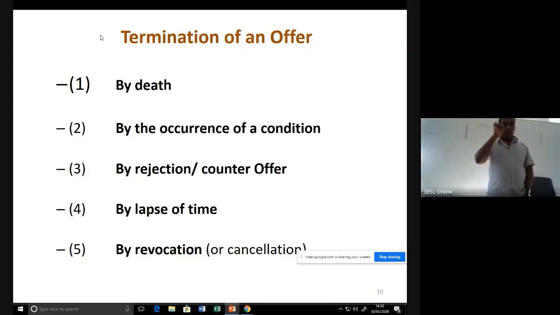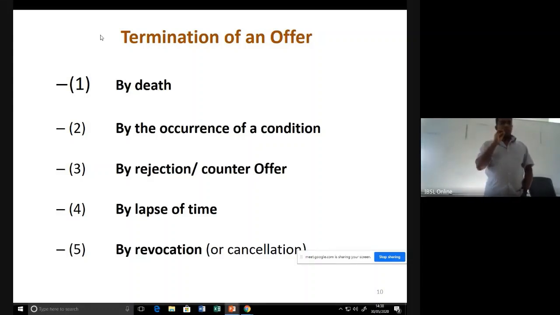If it is an offer made to a particular person and that offeree is dead, the offer comes to an end. That means there is no offer after that.